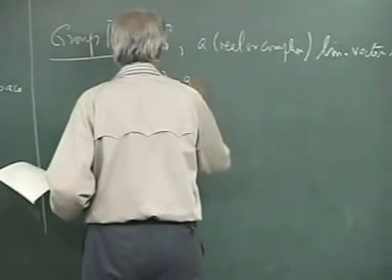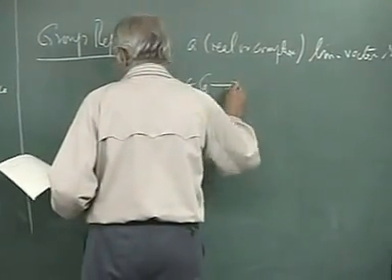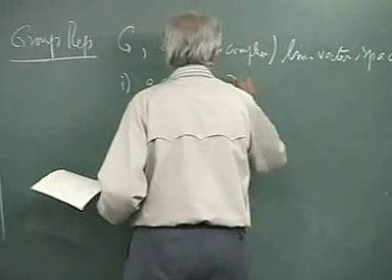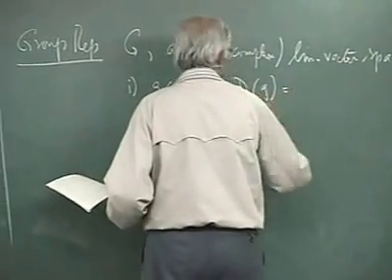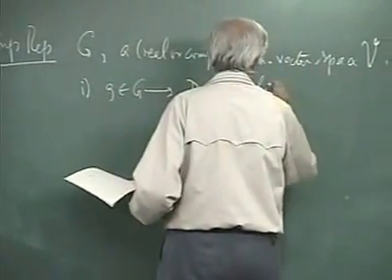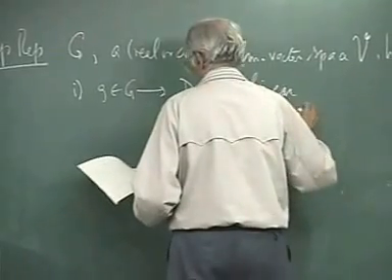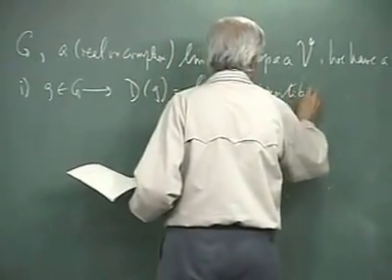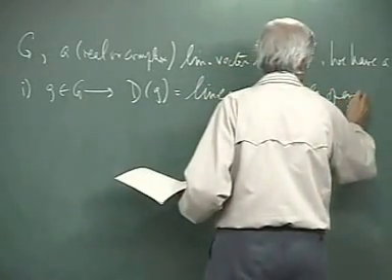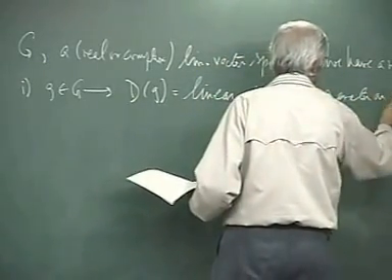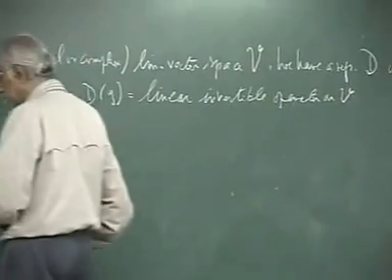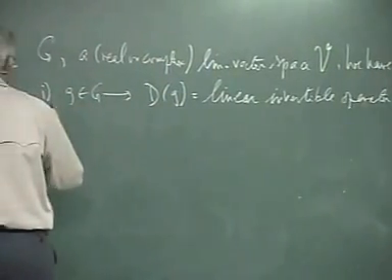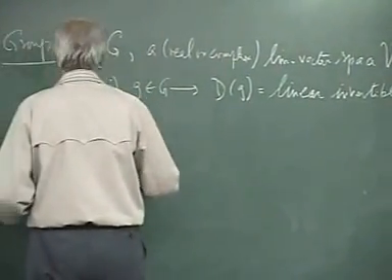First, for each element of the group, we must have D of G, which should be a linear, non-singular or invertible operator on the vector space. That's the first condition. Second, the composition law.